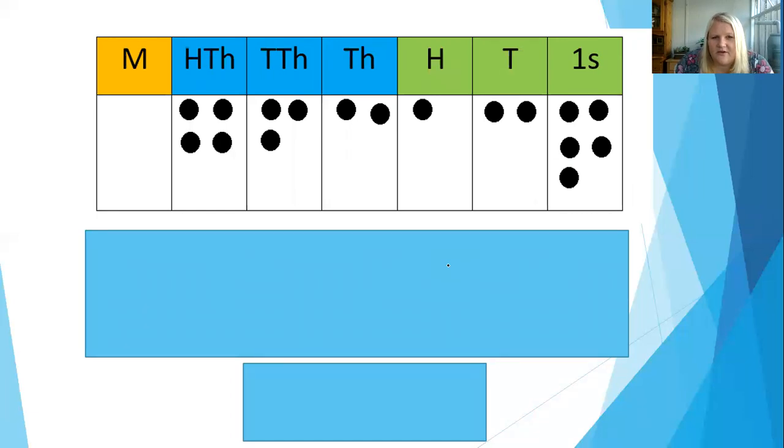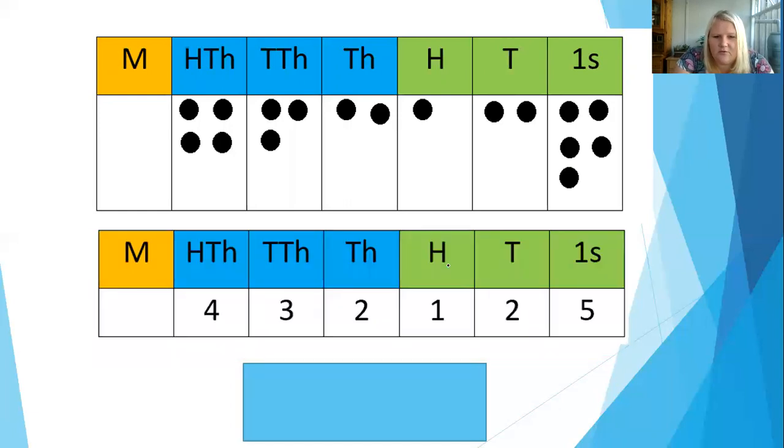Give you a little chance to have a go. Okay. So the number, if we reveal it from the blue box, is 432,125. Well done if you got that written in your boxes.